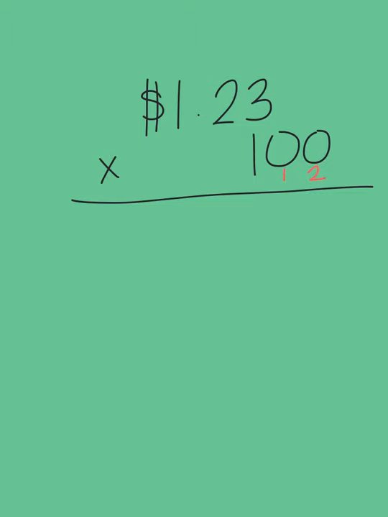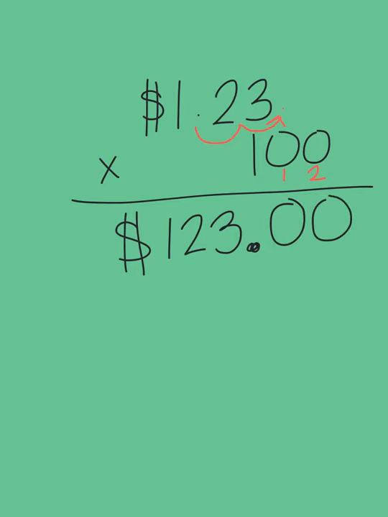Nice. Let's now move our decimal 1, 2 places. Now our decimal's here. So that means $1.23 times 100 is actually 123 with a decimal here. Remember, I need 2 digits after that, so it is $123.